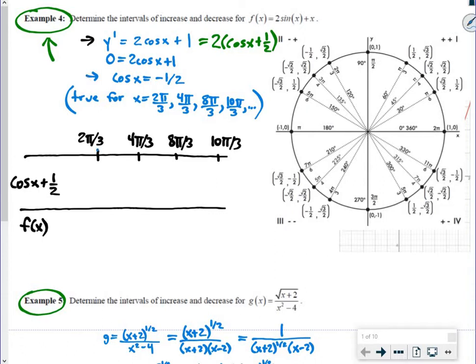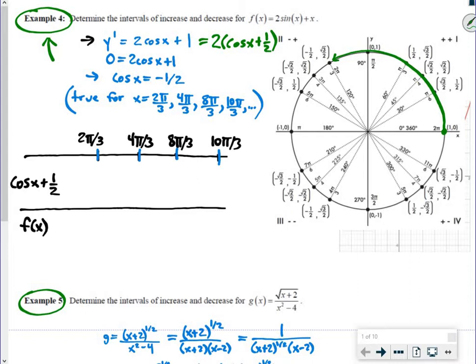So if we set up our areas to look at, cos x plus 1/2, if we start at 0 and we go all the way along here, it's positive up until we reach that point. Okay, and beyond that point, cos x will be less than -1/2.